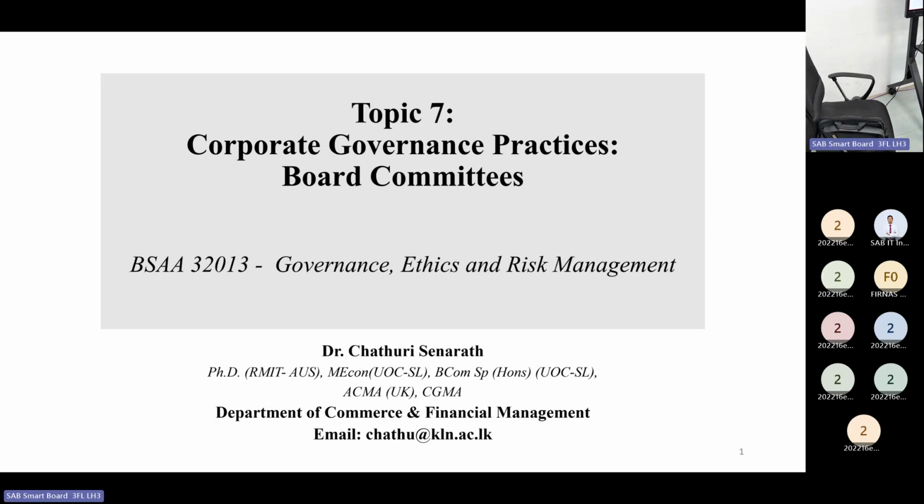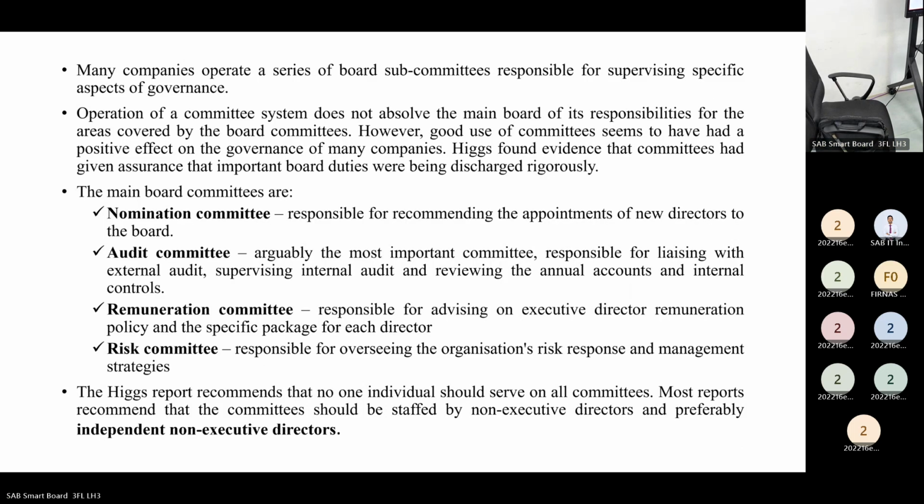Here we are going to study the three subcommittees that are mainly there, which are nomination, audit, and remuneration, which are compulsory. Apart from that, there is a risk committee, right?